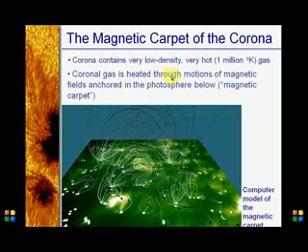Coronal gas is heated through motions of magnetic fields anchored in the photosphere below, the magnetic carpet. So the movement of the magnetic fields causes this very high temperature, and this is a computer model of the magnetic fields in the corona.